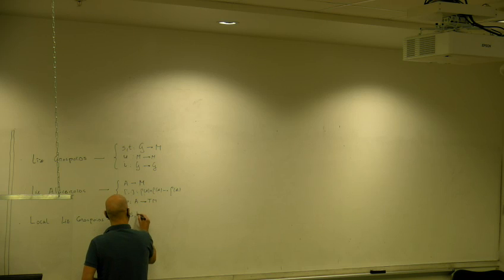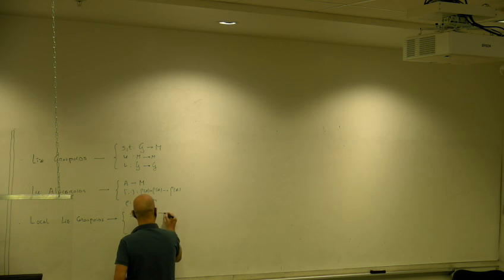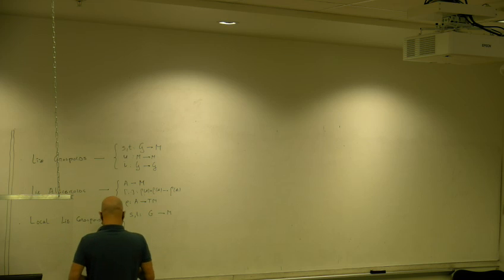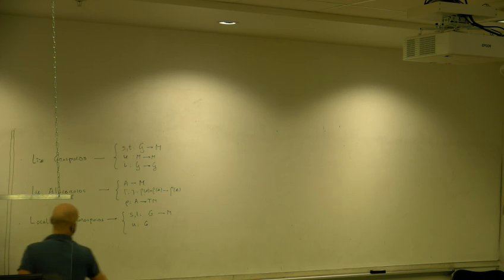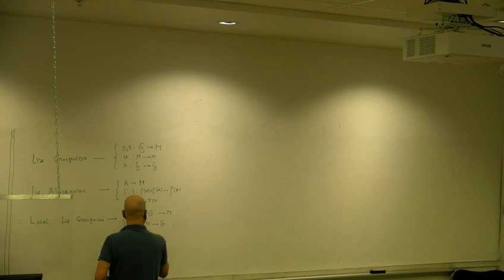So I'm going to use a G, but a usual capital Latin G for a local groupoid. And it will have similarly maps. So you have the unit, and you have the inversion.